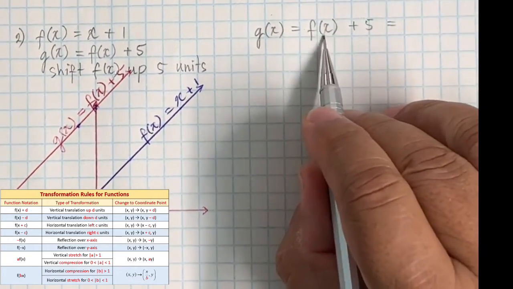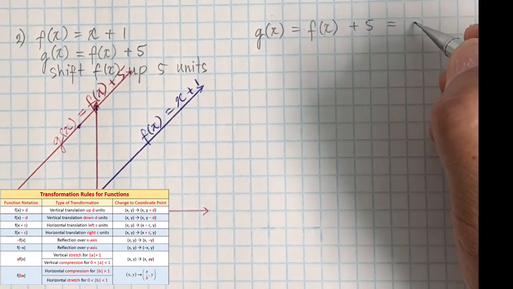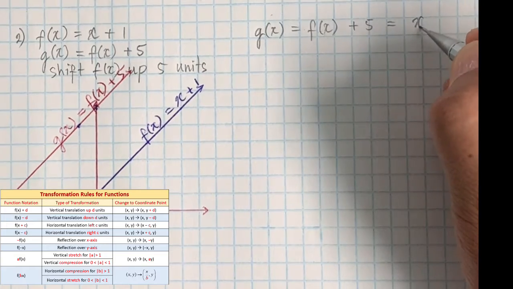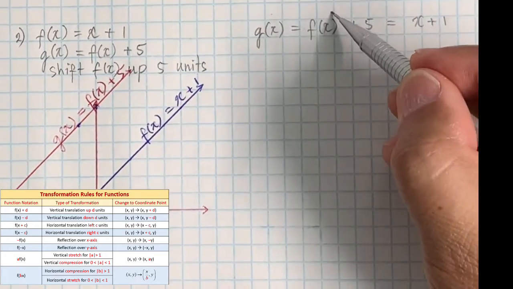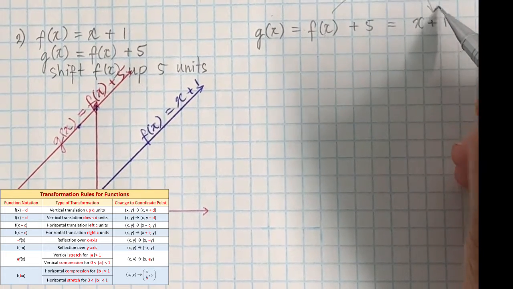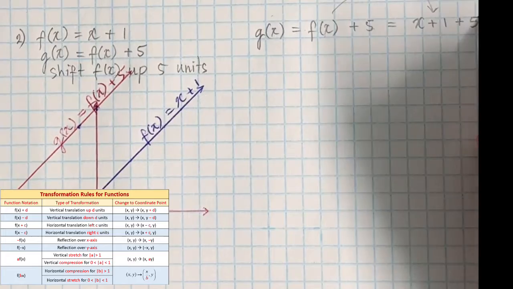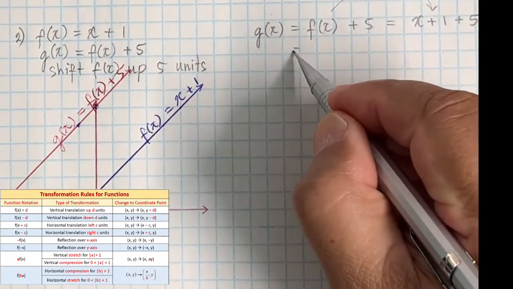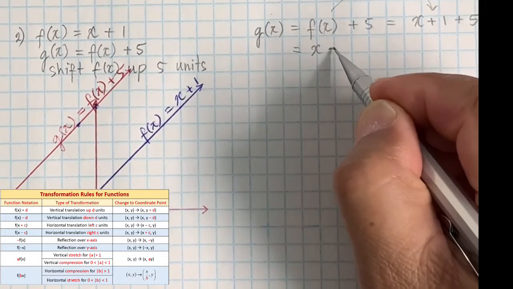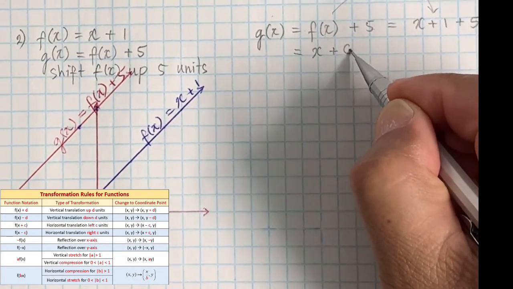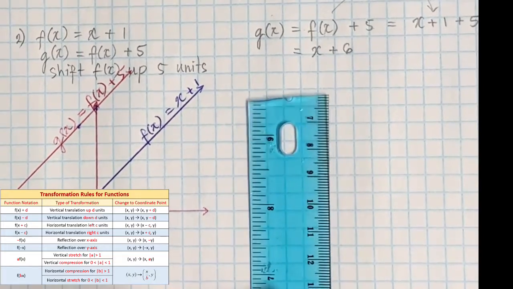Well, f of x is what? f of x is x plus 1, right? So we're going to do x plus 1, that is f of x, and then plus 5. Okay. So g of x equals x plus 6. See? So we are going to graph both of them.